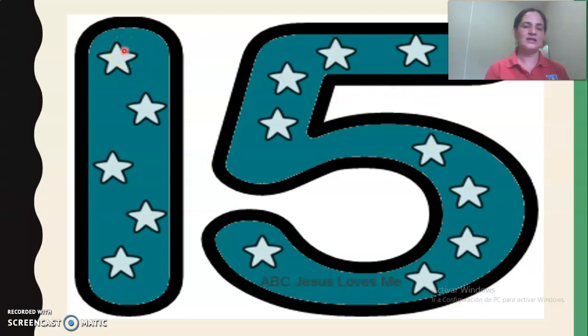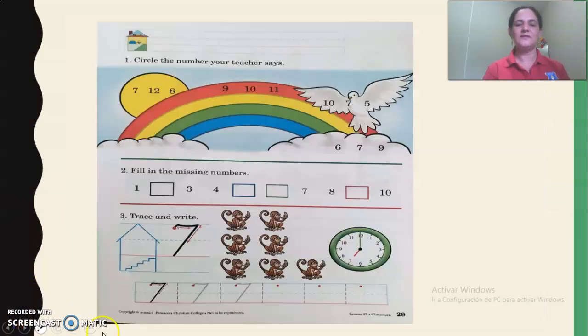Let's see how many stars we have here in this number. 1, 2, 3, 4, 5, 6, 7, 8, 9, 10, 11, 12, 13, 14, 15 stars. We have 15 stars, okay? Number 15.